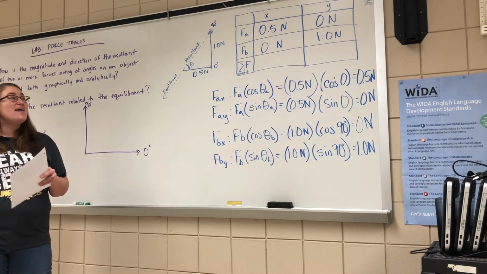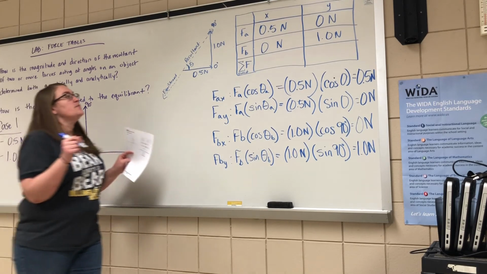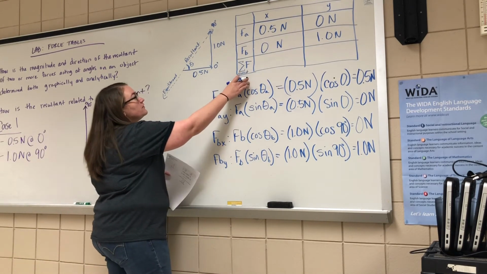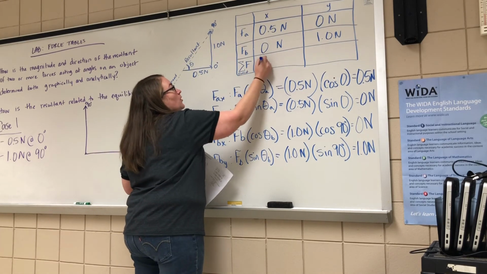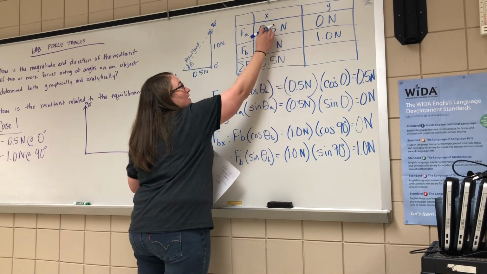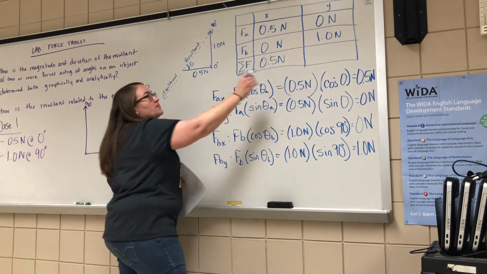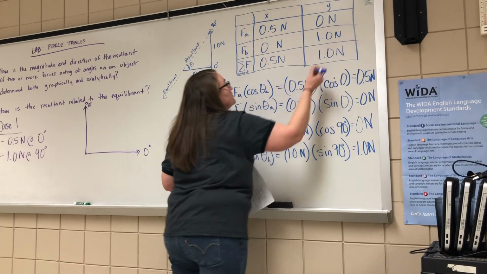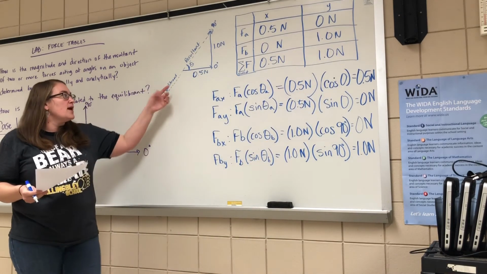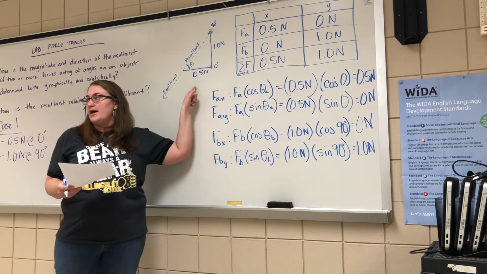So if we add those up, our X component for our whole thing is going to be 0.5 newtons. We just added our X's up. Our Y component, you add those up and you get 1.0 newtons. Well, we knew that because we can look at that and tell that.